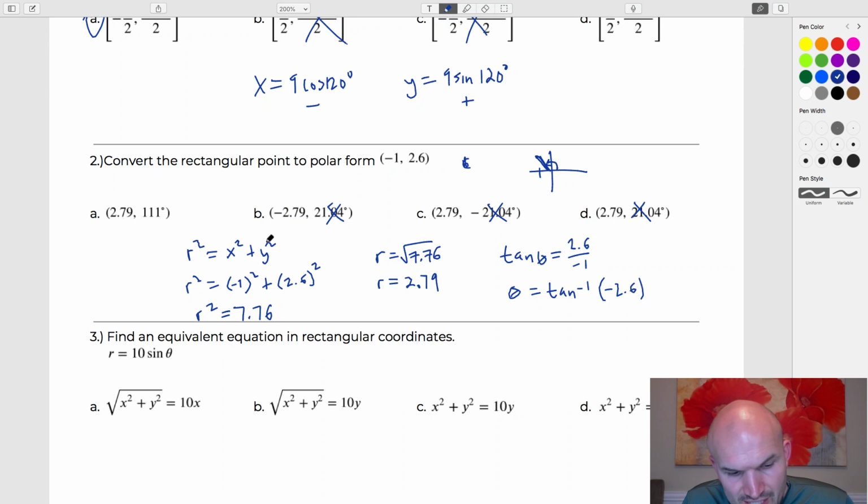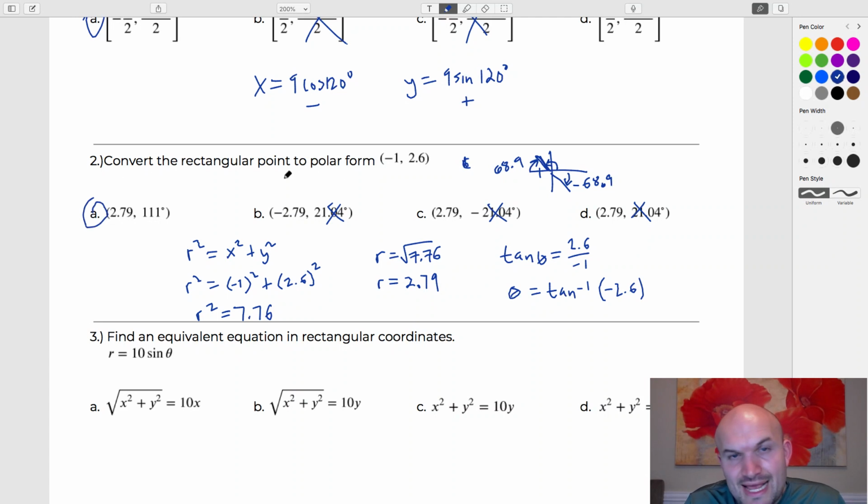I get negative 68.9 degrees, which is down here, basically giving me this rough angle. My calculator gave negative 68.9 because it is restricted to the first and fourth quadrants. So really this angle is 68.9 degrees, or, if I do 180 minus 69, I get 111.